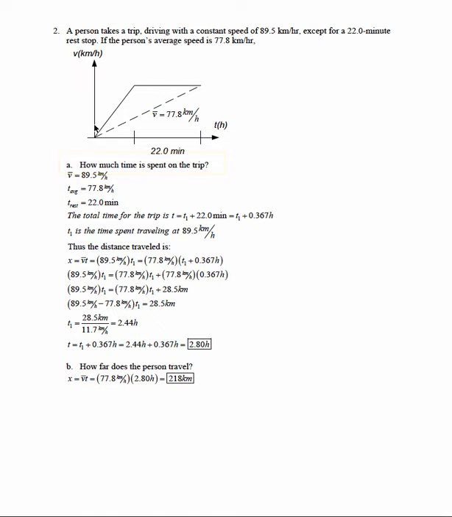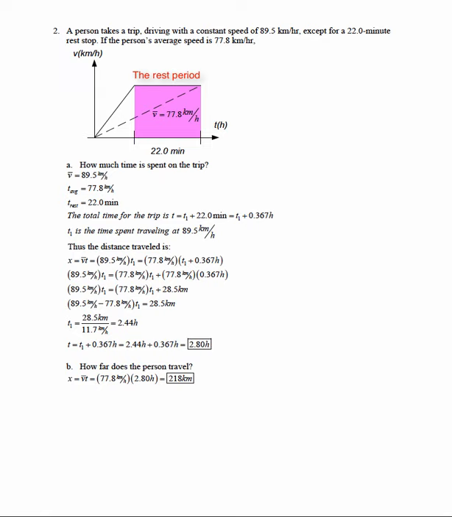Okay, if we look at the graphical relationship here, we end up with the velocity in kilometers per hour, and we end up with the time in hours. So our velocity is 89.5 kilometers per hour. Okay, that's given to us in the problem.